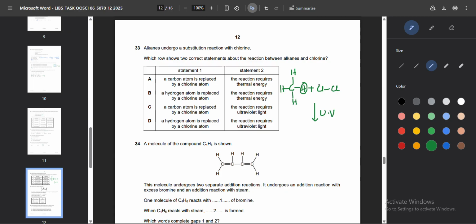One of the hydrogens gets replaced by the chlorine atom and it forms the chloroalkane plus HCl. So which is the correct option over here? Option D, that a hydrogen atom is replaced by a chlorine atom. Over here, see, the hydrogen gets replaced by chlorine and the reaction requires ultraviolet light.